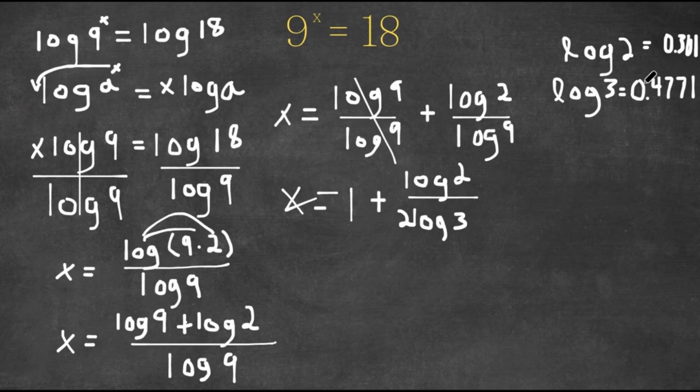So now if I plug in these numbers, we would get 1 plus log 2, which is 0.301, over 2 times log 3.